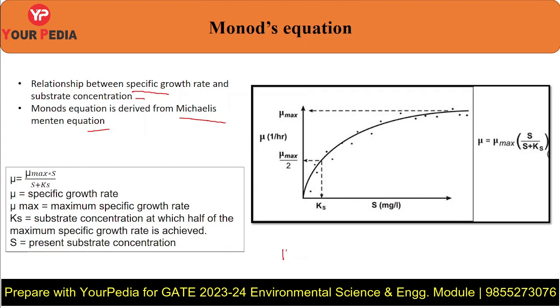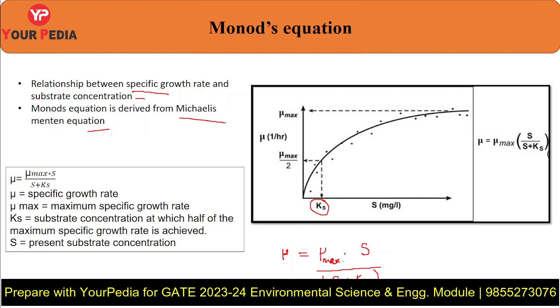The equation is: specific growth rate at any time t is equal to the maximum specific growth rate into the substrate concentration at any time t divided by the substrate concentration plus Ks. Ks is a constant related to the substrate concentration. Here, look at this graph.